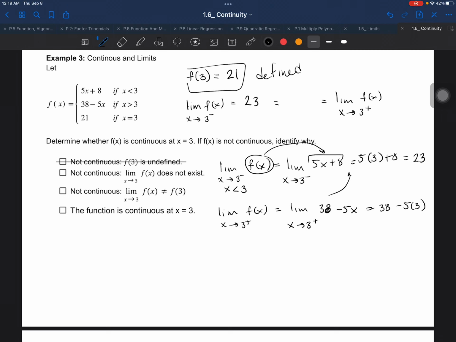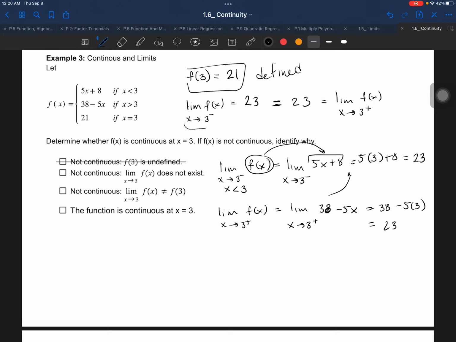Let me see if I'm doing my math correctly. 15 plus 8 is 23, and then 38 minus 15, that's 23 as well. So these two happen to be the same.